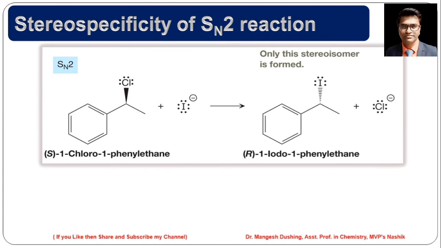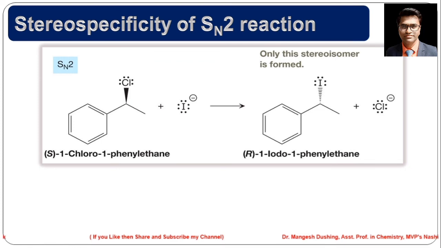Suppose this is the substrate, S-1-chloro-1-phenylethane. If any nucleophile, suppose this is I minus, attacks this chiral carbon, the product will be R-iodophenylethane. The product is only R-iodophenylethane because there is an inversion of configuration. S changes to R. So only one product you will get.